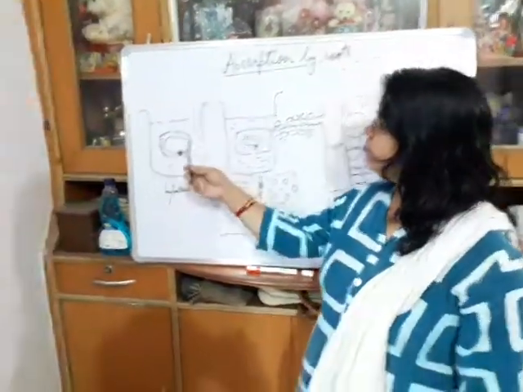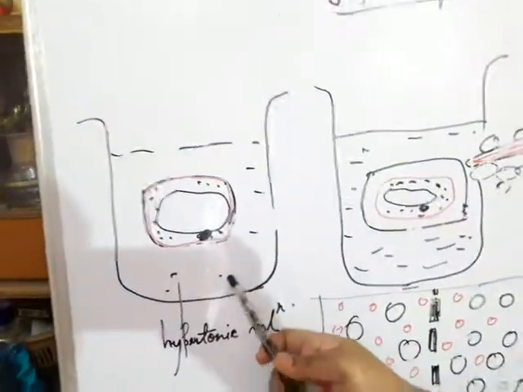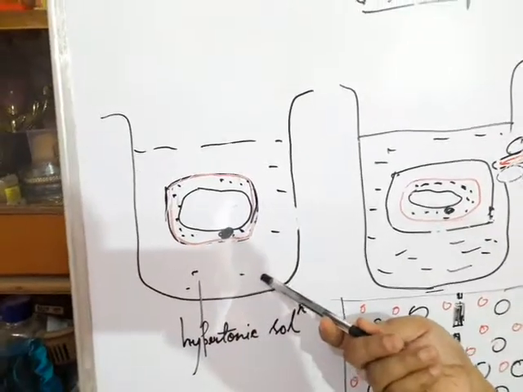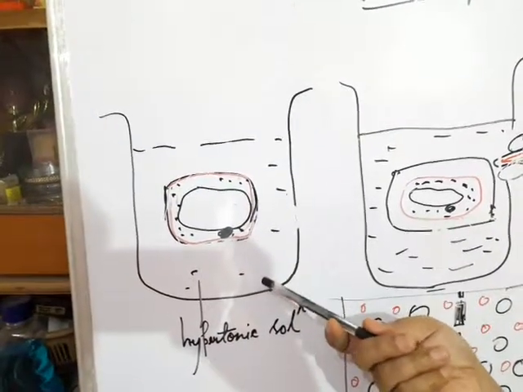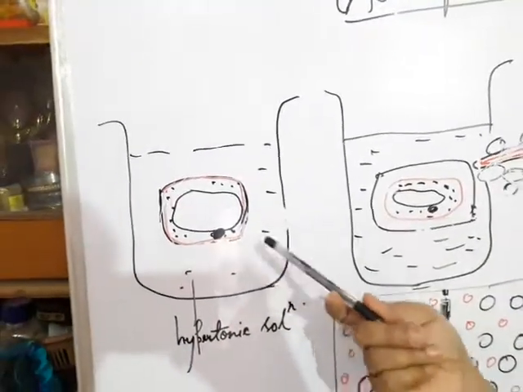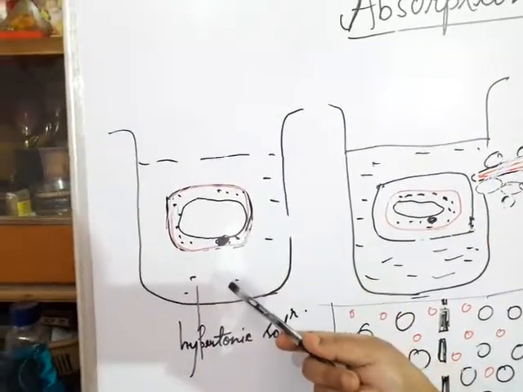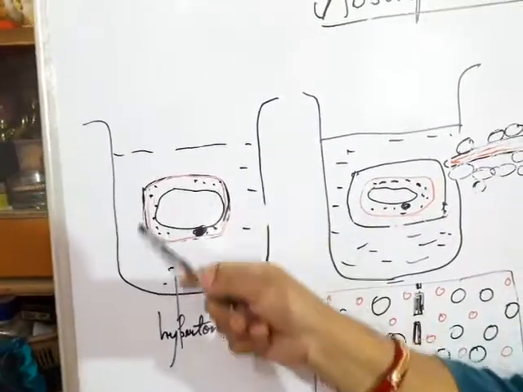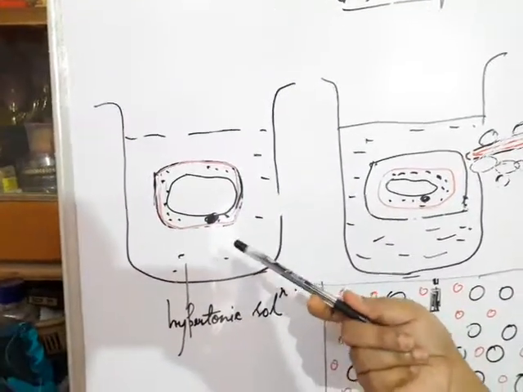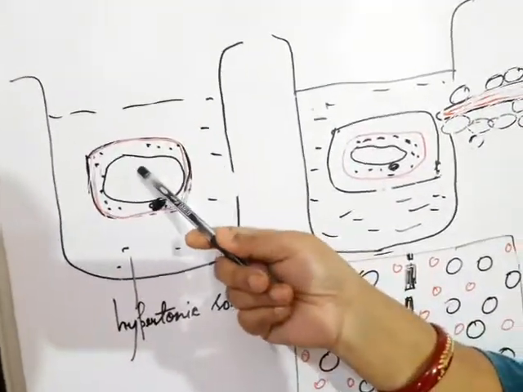See in this diagram, if we are keeping this living cell in a solution, and the solution concentration is higher, we are dissolving salt or sugar and making a concentrated solution, and we keep the cell here, then the outer liquid contains fewer water molecules in comparison to the cell sap.